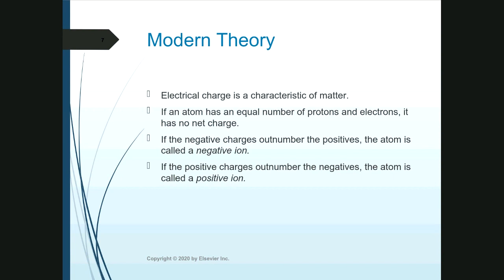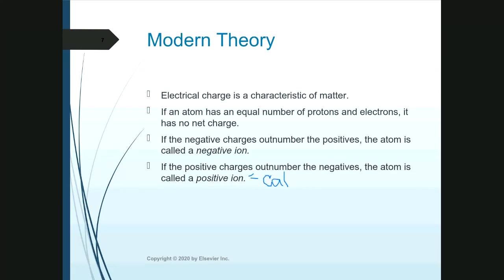If you disrupted the electrons and you ended up with more protons than electrons, you would have an overall positive charge, and that is called a positive ion, or another term that they use for that is a cation. I'll try and write that for you. So when you have a positive ion, it's also called a cation.